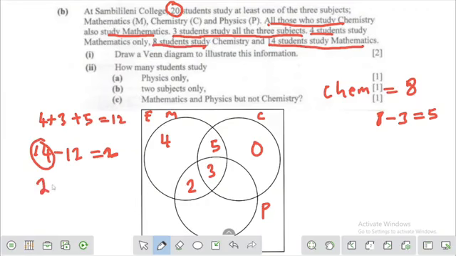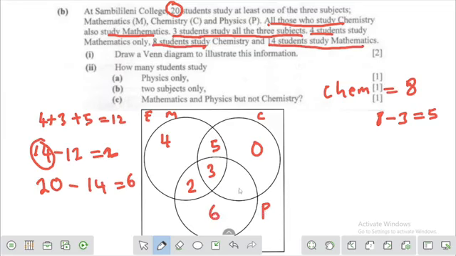I hope this is clear. So 4 plus 5 plus 3 plus 2 is giving us 14. So 20 take away 14 will give us a 6. So this 6, we'll put it here. This 6 is the number of students who study physics only.